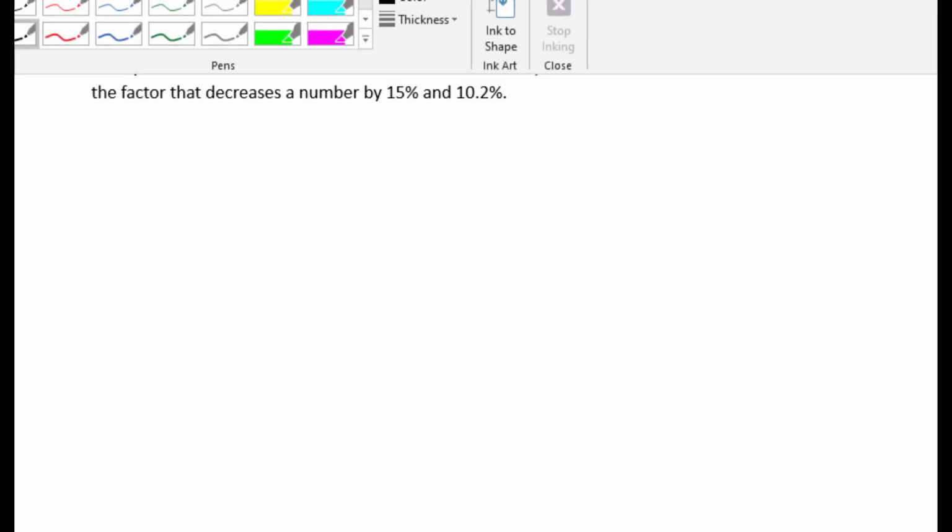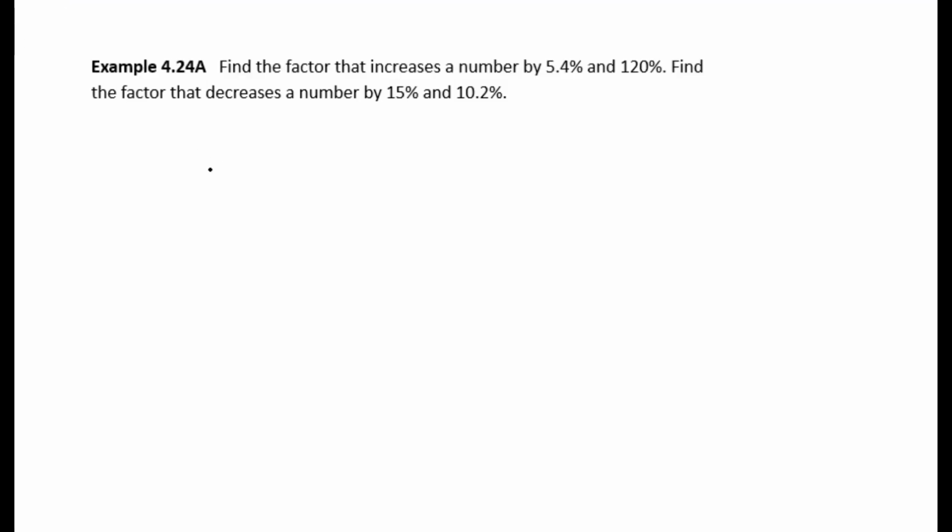So now we're going to deal with finding the factor that will increase or decrease a number by a given percent. And I call this the 1 plus or minus the rate idea. If you're going to increase it, you're going to add. If you're going to decrease, you're going to subtract. So I'm going to show you how this is going to work.